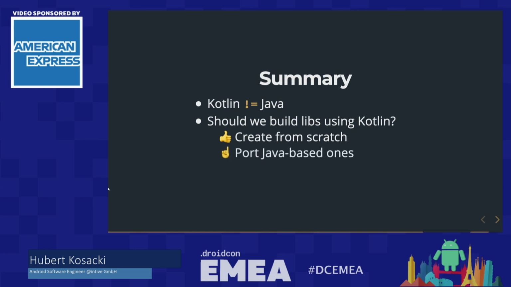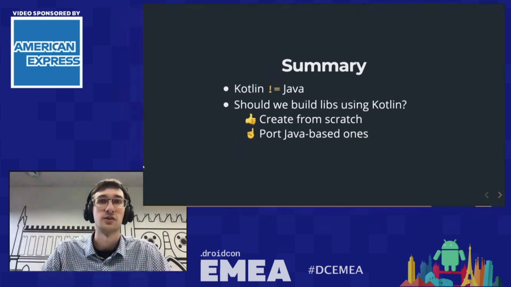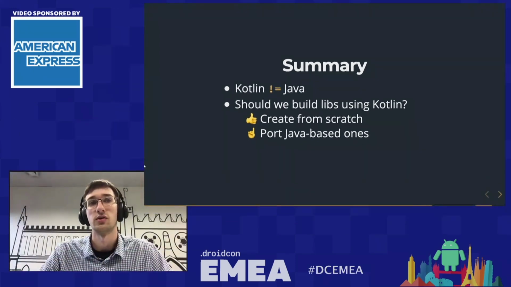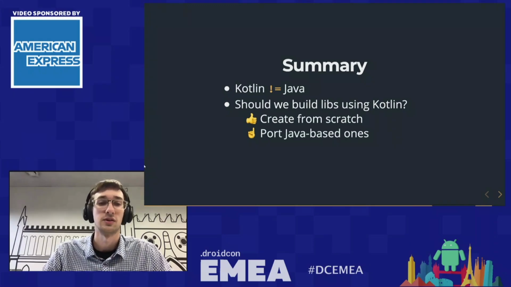But when porting Java libraries, I think we need to take into consideration the potential places where a reflection-based approach is needed, especially in cases when we are building a library that is being consumed from a different technology, like, for example, the Unity 3D engine, where we tend to create wrappers around our libraries.